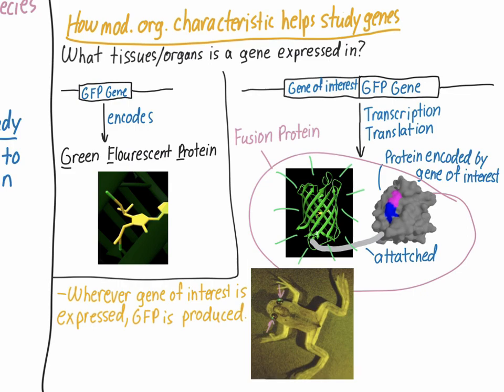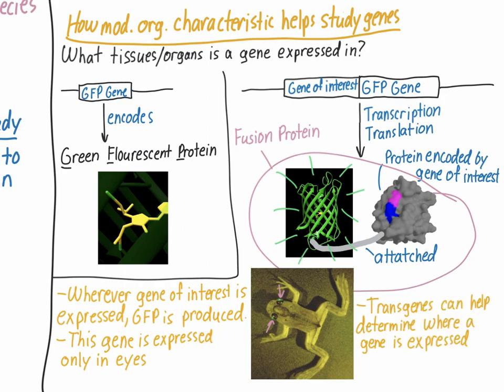So from this we can infer that this gene is expressed exclusively in the eyes, and we might further hypothesize that this gene has a function in sight. So we can see here how transgenes, for example GFP, help us to determine where in an organism genes are expressed. And this is just one example of how transgenes are used in research.